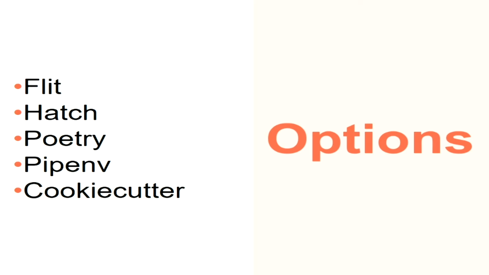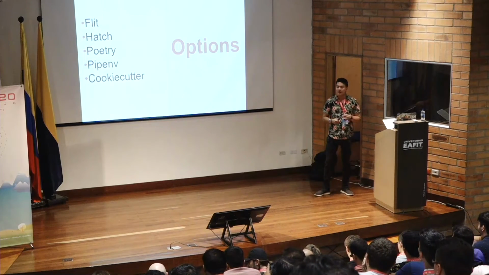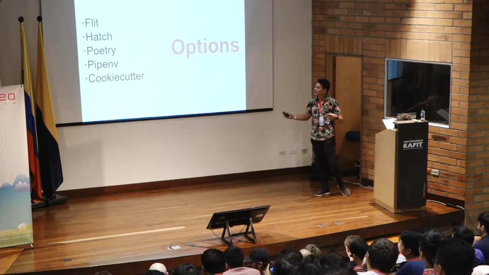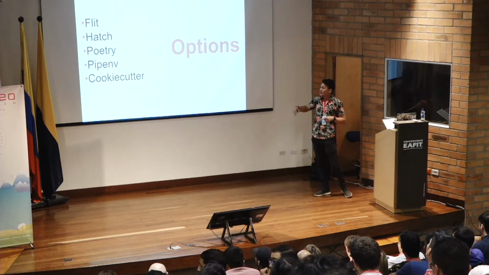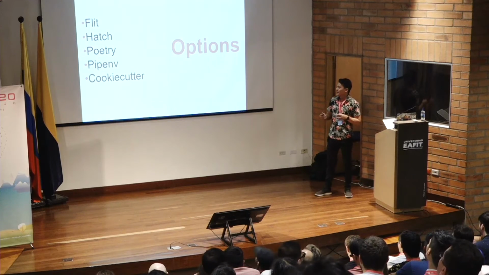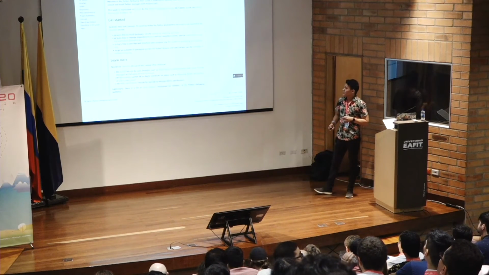So we have Flit, Hatch, Poetry, PDM, Cookiecutter. As I said before, I am not here to start a fight about whether PDM or Poetry is better or is the right tool, or whether Cookiecutter makes more sense. So feel free to check each one, think about your workflow, and see where it fits better for your use case.